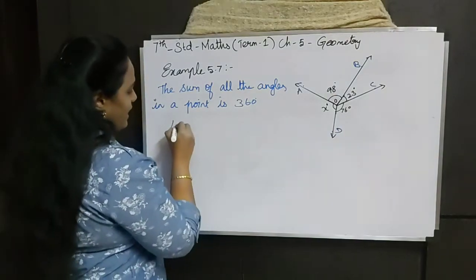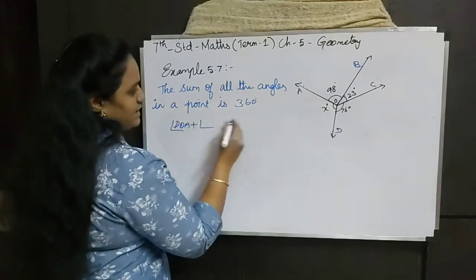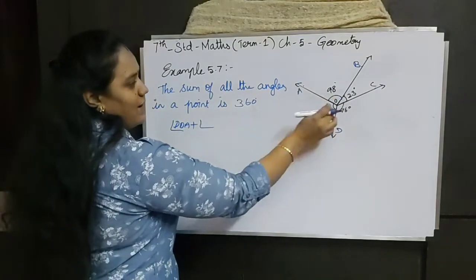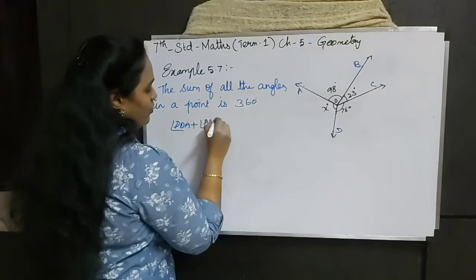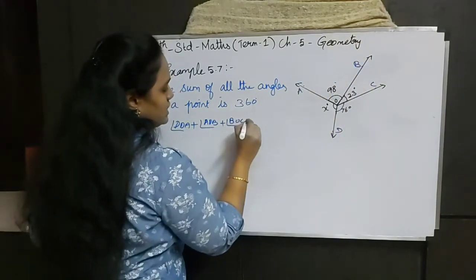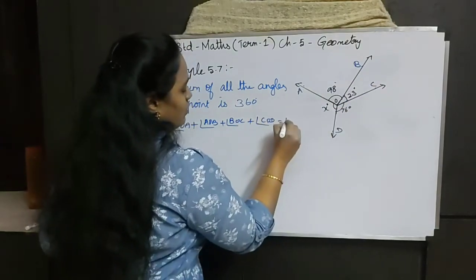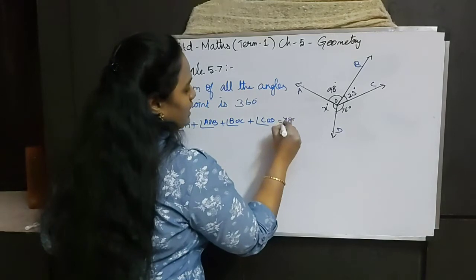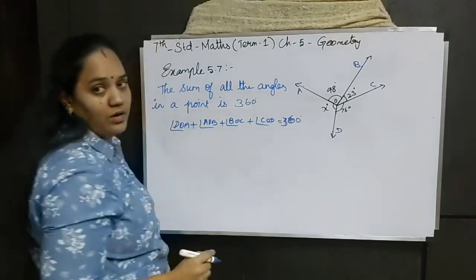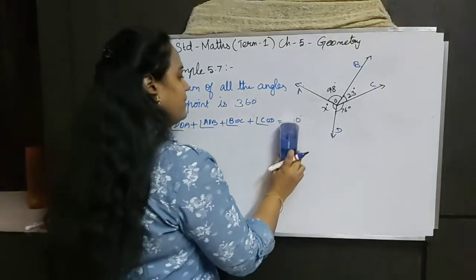So I am writing angle DOA plus AOB plus BOC plus angle COD equal to 360 degrees.